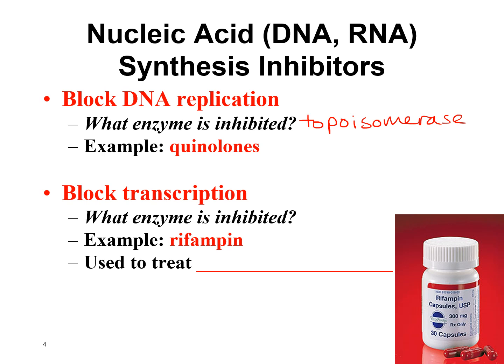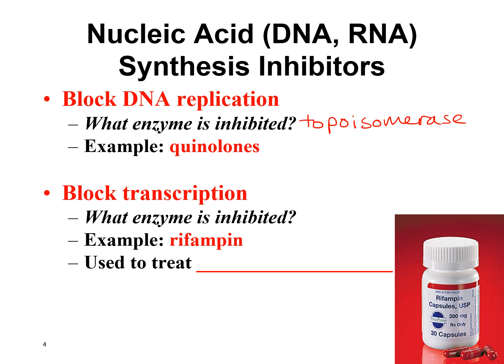And then the other nucleic acid synthesis inhibitor is the antibiotic called rifampin, and it's going to block transcription. And remember, in transcription, you're making messenger RNA. So they're not able to make the messenger RNA, and if you can't make messenger RNA, then you can't make the protein.